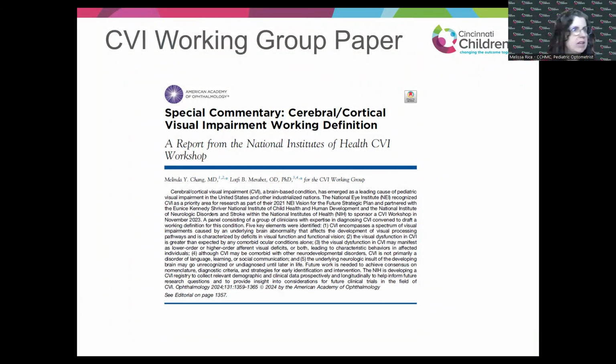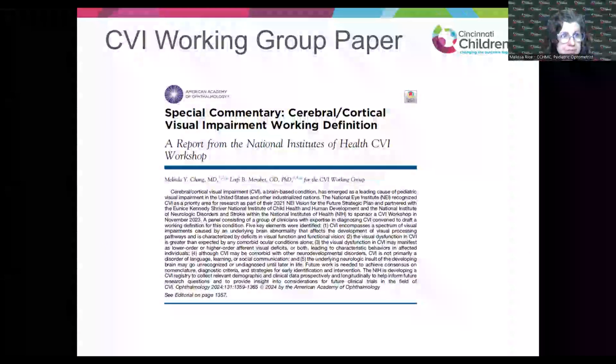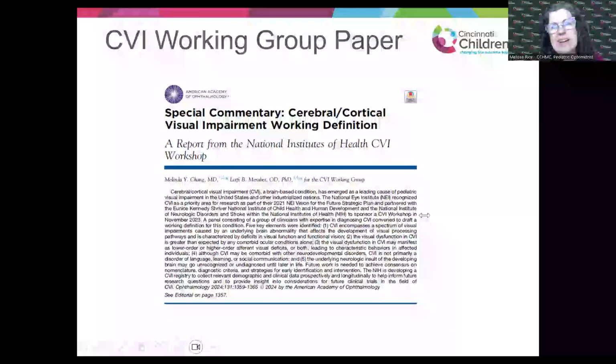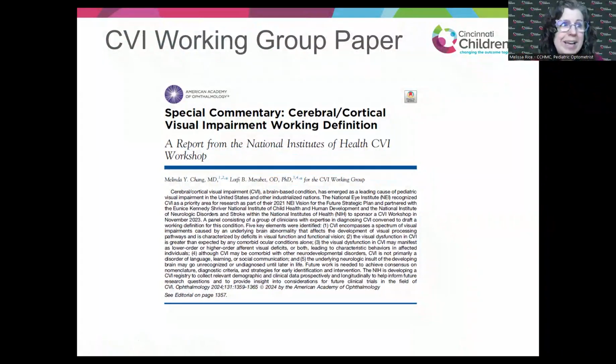And it can be comorbid with neurodevelopmental disorders, but it's not a primary disorder of language, social communication, or learning. The underlying neurological insult of the brain might go unrecognized because sometimes MRIs, with the current technology we have, cannot pick it up, or it gets undiagnosed till later in life if it's more mild.